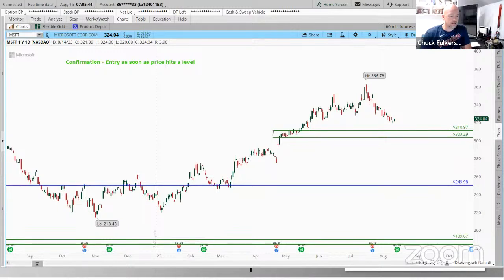The second one that we're going to pay attention to, excuse me, I wrote that as confirmation and that was incorrect. That's our limit entry. Limit entry is as soon as price hits a level.